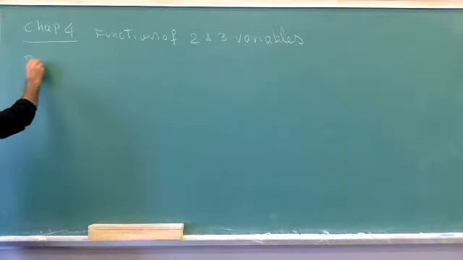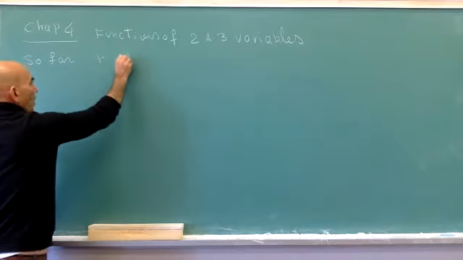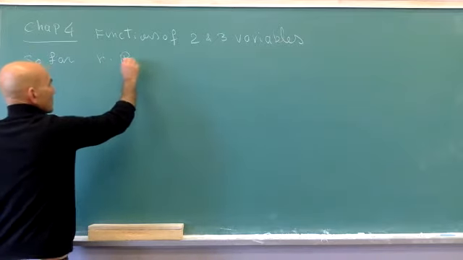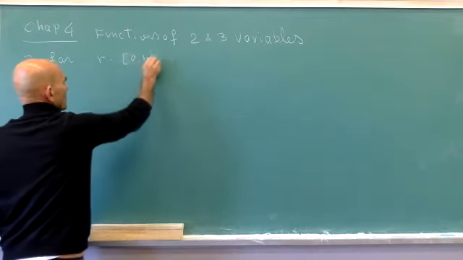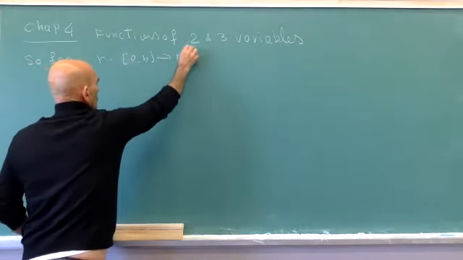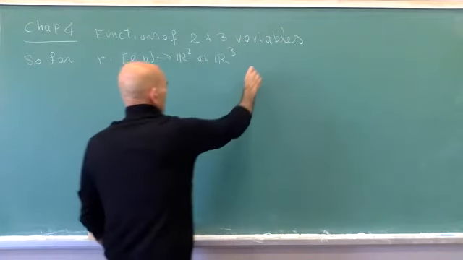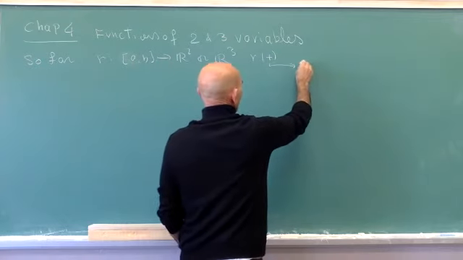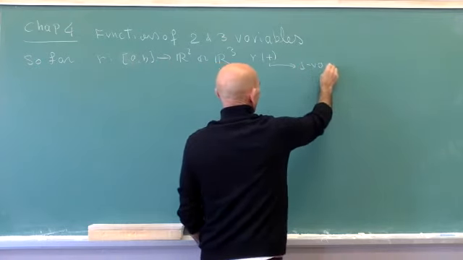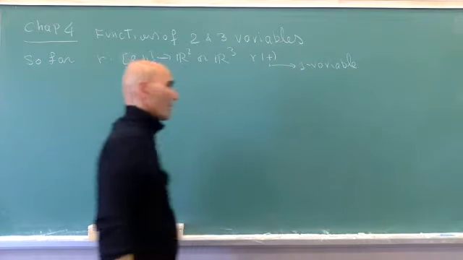So far, r was a function from, say, an interval a, b to R2 or R3. So this was r of t, right? This is just one variable.